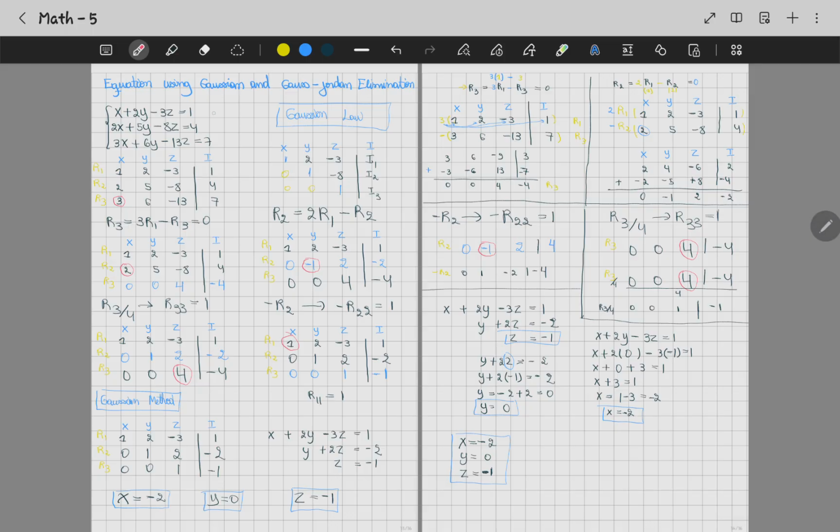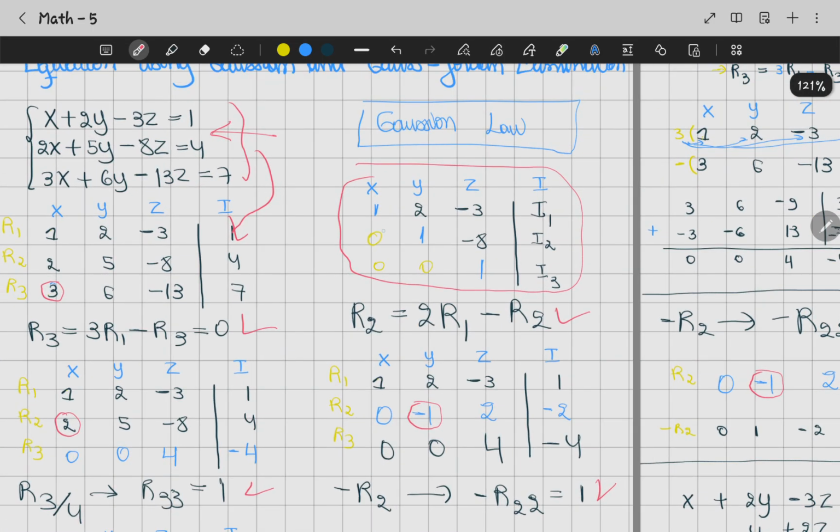This was where we started. We converted this into a matrix, and then we applied each of these rules in order to convert it into this form. So this is the Gaussian method. If I zoom in, this is actually Gaussian.